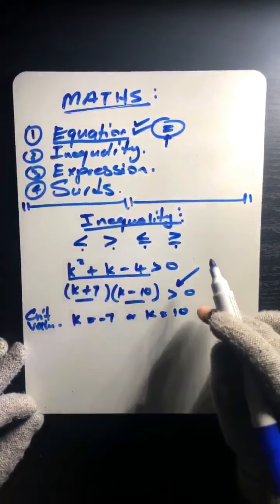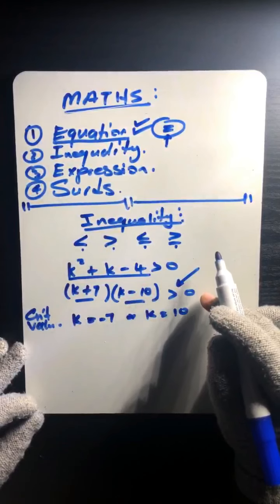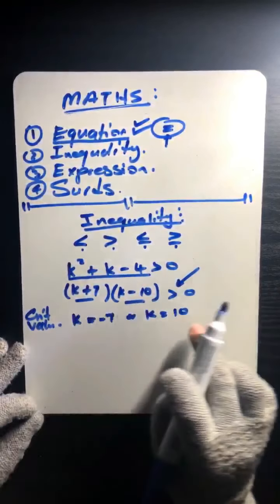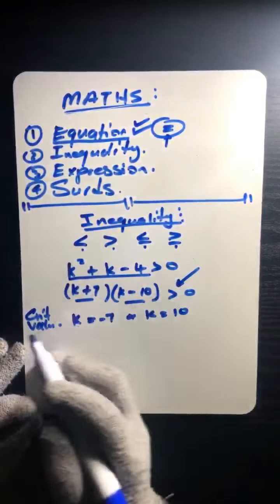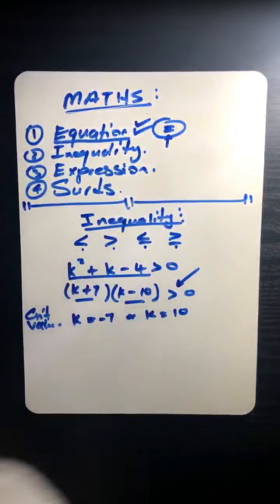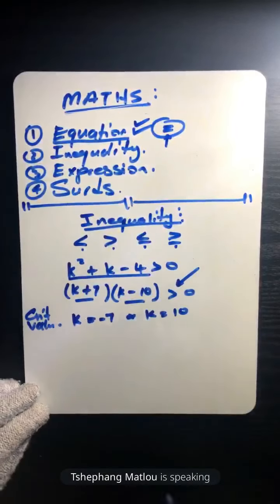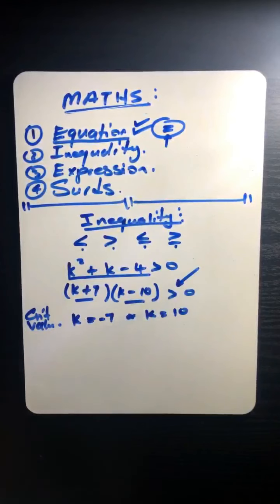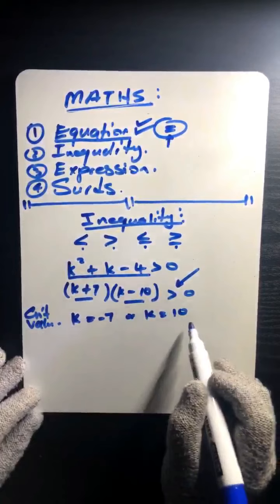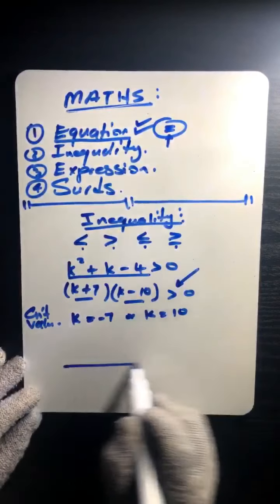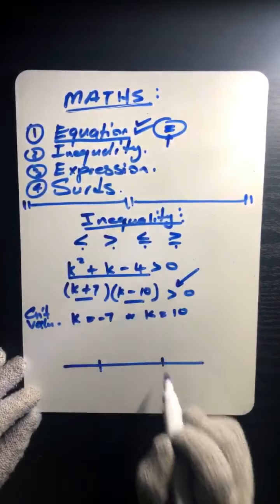So when you're dealing with inequalities, you are only allowed to equate when you get to this step, and we call these two critical values. Make sense? Yes. And then from here, you represent your critical values on a number line, isn't it?